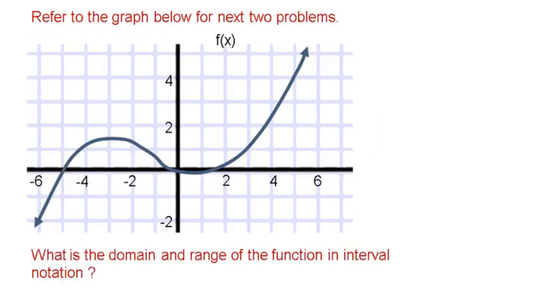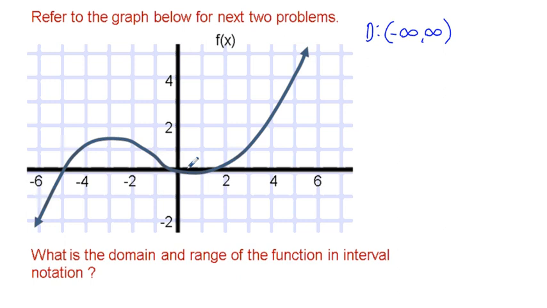Next, refer to the graph below for the next two problems. What is the domain and range of the function in interval notation? Well, here it looks like we have some kind of polynomial looking function, and it looks like we are coming from negative infinity toward infinity. So we're going to say our domain in this case is going to be greater than negative infinity to less than infinity.